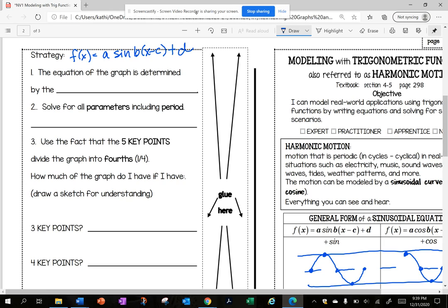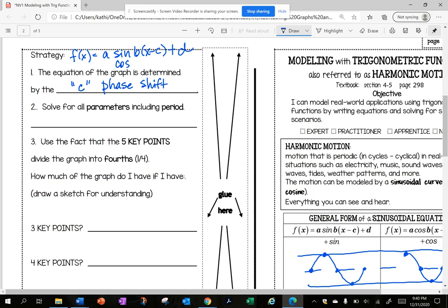Okay, so this can be sine or cosine. The equation of the graph is determined by what I choose as the c, the phase shift, whether it's a sine or a cosine, and whether it's positive or negative.